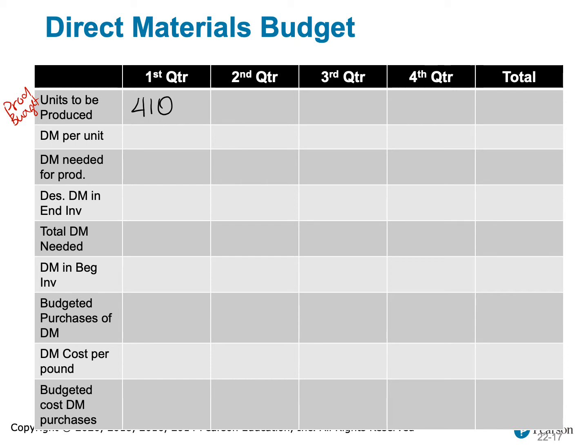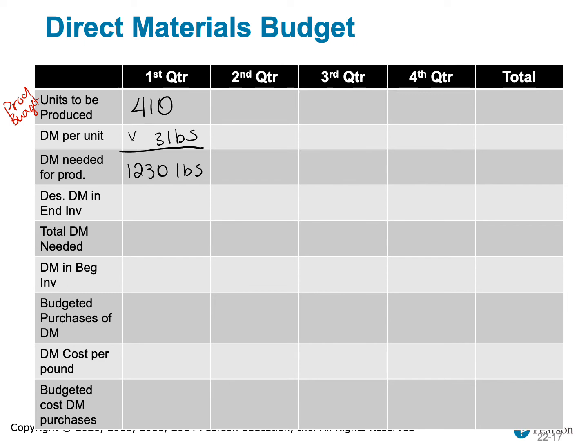And each unit uses 3 pounds of materials. So that means in total, we need 1,230 pounds. Now, I like to identify whether it's pounds or dollars or units, because we're going to have all three in this budget, and it helps me keep it straight so I don't get confused.